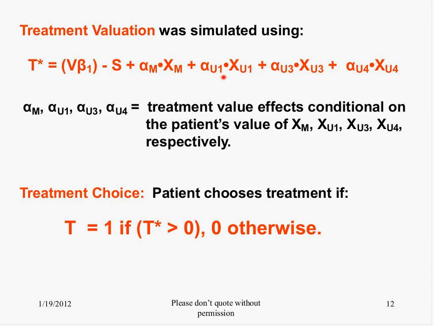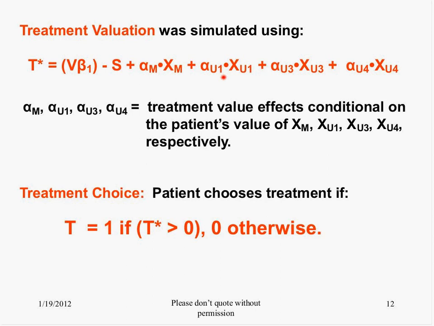The data is from larger groups, not just one hospital or one doctor's office, but many doctor's offices. You have to tell the stories for the things that are measured here. So let's say that in these simulations, for half the people alpha U1 is negative and for half it is positive, and we find that the imbalance goes away, or that the propensity score has no effect on the balance.